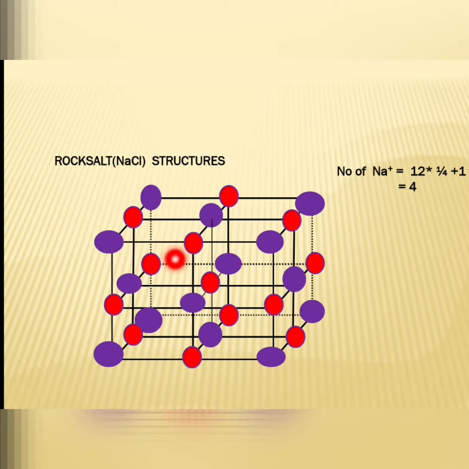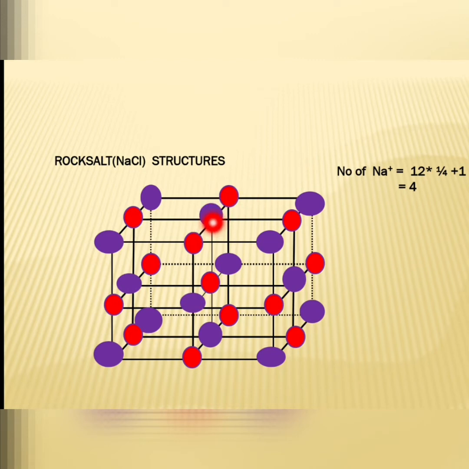Now, what are their positions? These violet colored atoms, the chloride atoms, are in the corners: 8 chloride atoms at the corners of the cube, 1 2 3 4 5 6 7 and 8.